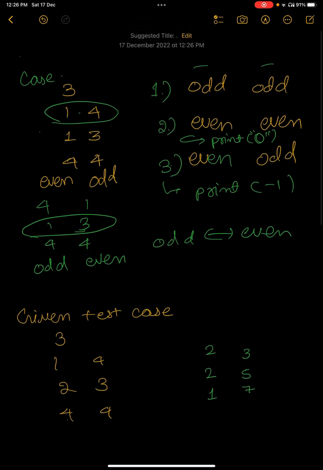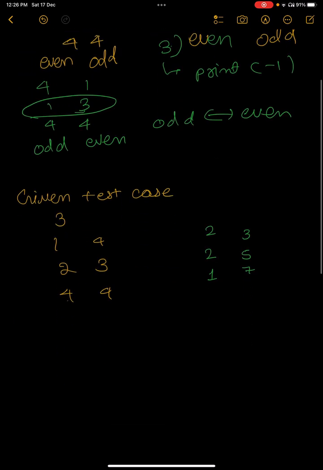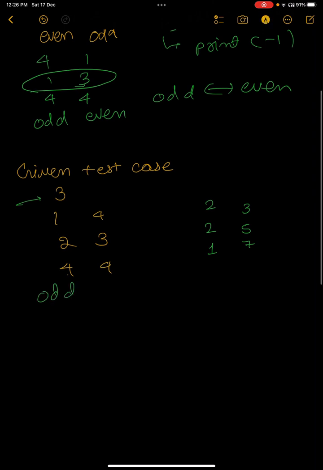Let us understand the third test case. Here both sums are odd, in the given test case 1 4 2 3 4 4. This is 4 plus 2 is 6, plus 1 is 7, odd, and 4 plus 3 is 7, plus 4 is 11, also odd. In this test case you have to interchange.